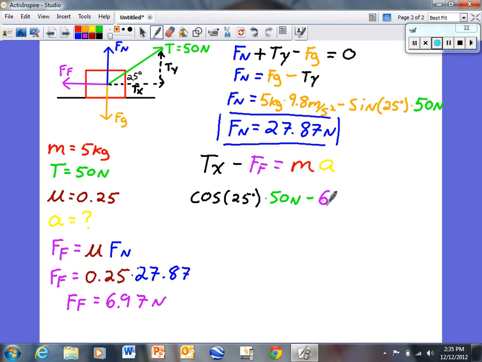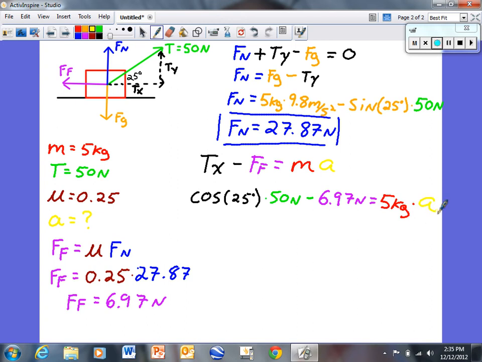So that's minus 6.97 newtons. And that's going to equal our mass, which is, I'm sorry, 5 kilograms. Looking at the wrong thing. That's equal to 5 kilograms multiplied by the acceleration.